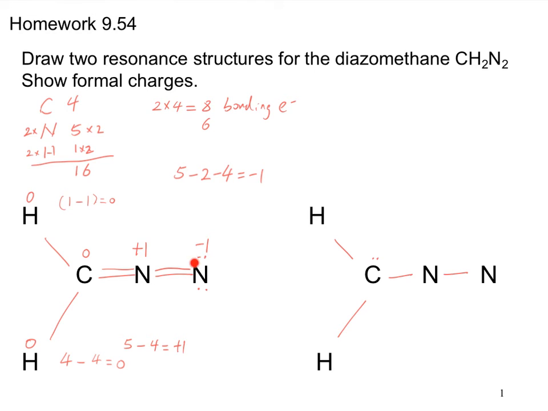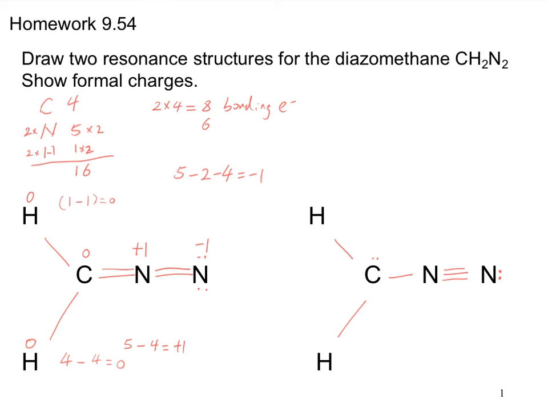So we move a lone pair from the terminal nitrogen to share with the nitrogen. In that way, starting with the double bond, we add another bond, and we end up with a triple bond, and we have only 1 lone pair on the terminal nitrogen.